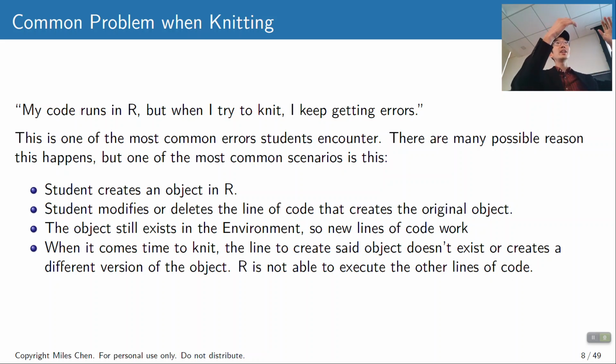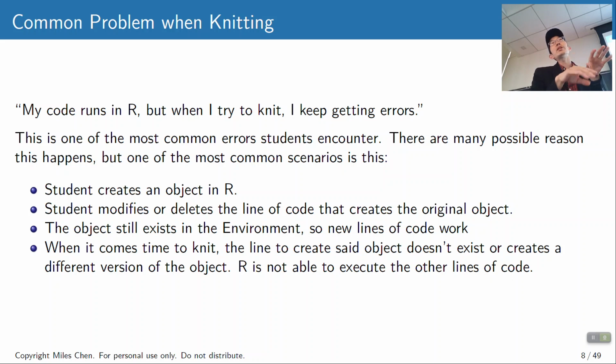So you've created this object X, and later on you change the line of code that creates X, or you delete that line, and so the code that produces that object X is not in your RMD file.